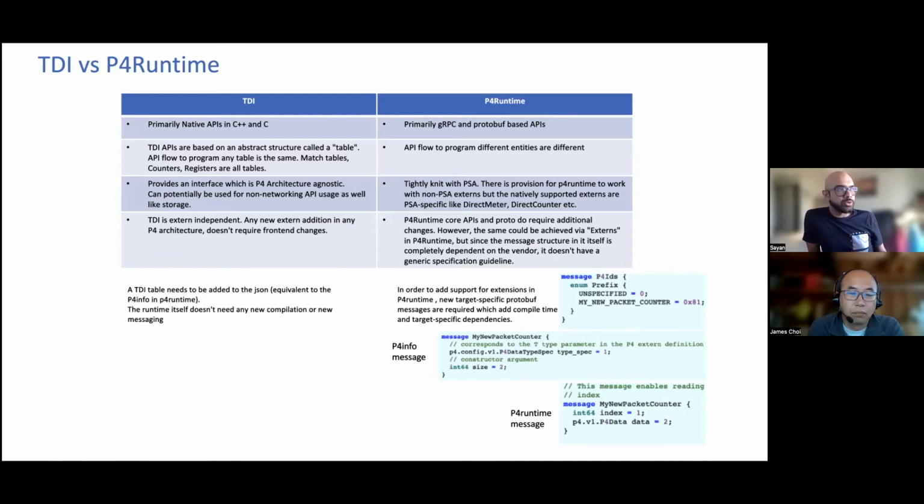Targets will need to implement their backend, but front-end changes will be none. In P4 runtime, however, in addition to the compiler generating new P4 info and new backend support, the front end also needs changes.